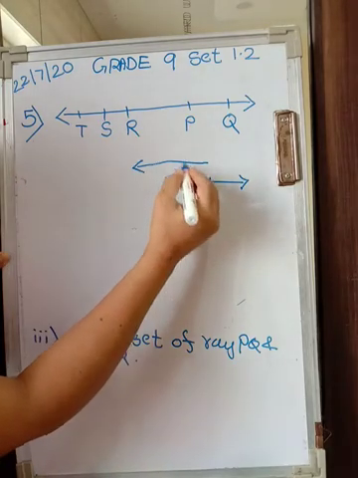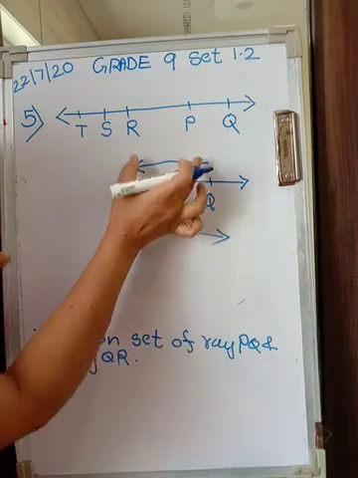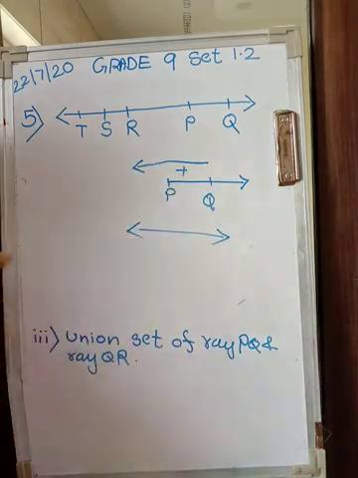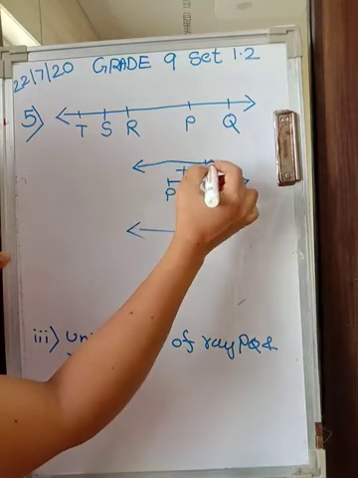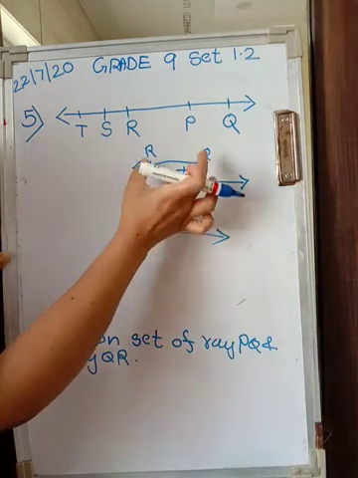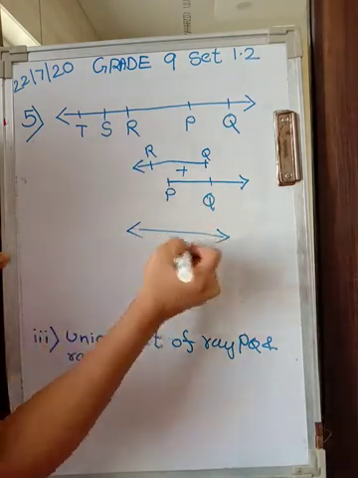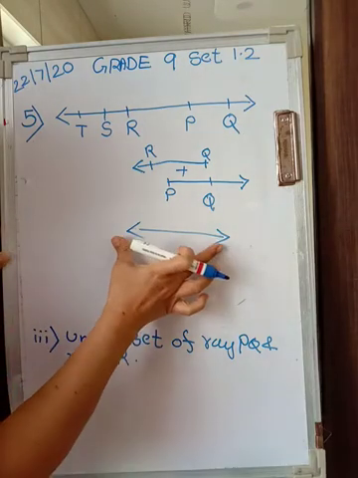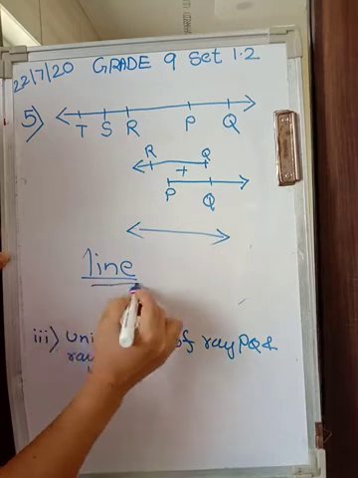If we add these two, we'll be getting one arrow over here and this will add up to here and we'll get one arrow over here. Are you understanding me? This is ray Q and somewhere here is point R. If these two are adding up, you are going to get arrows at both the ends. And if there are arrows at both the ends, we are automatically going to get a line.